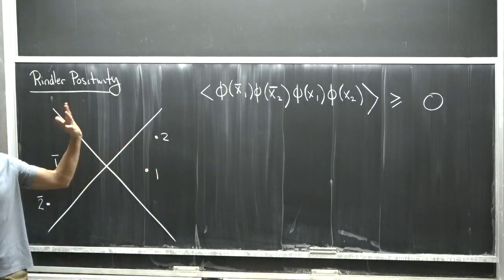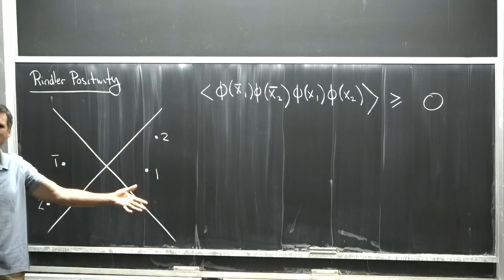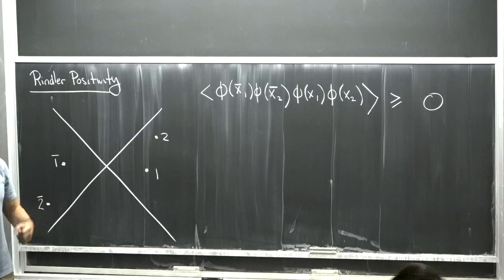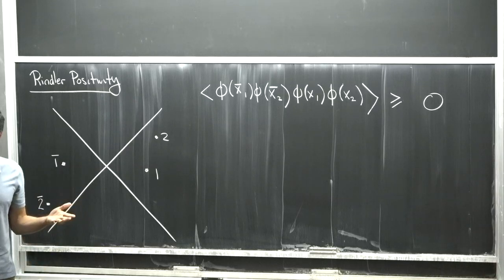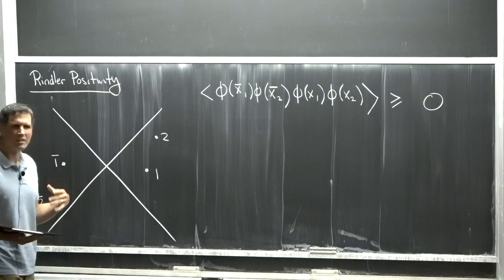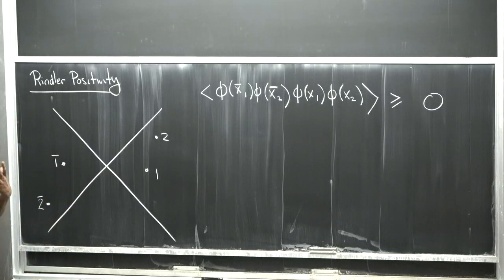That's an ordinary positivity in Euclidean, where correlators are positive when they're reflection symmetric, because that can be interpreted as a norm. And then at the end, we started talking about this other type of positivity, Rindler positivity, which follows reflection positivity, but in a pretty non-trivial way, and is important for the structure of Lorentzian correlation functions.